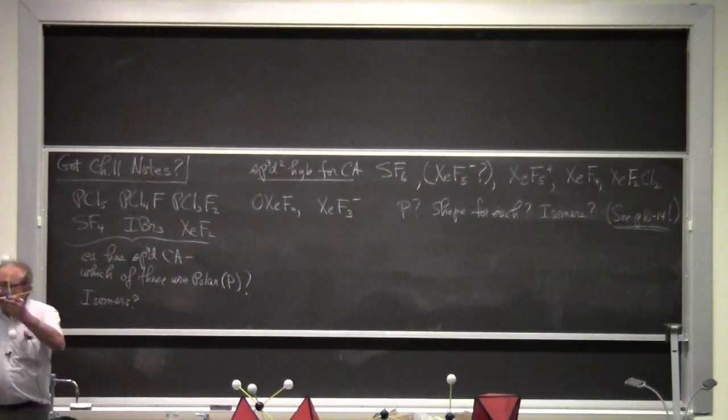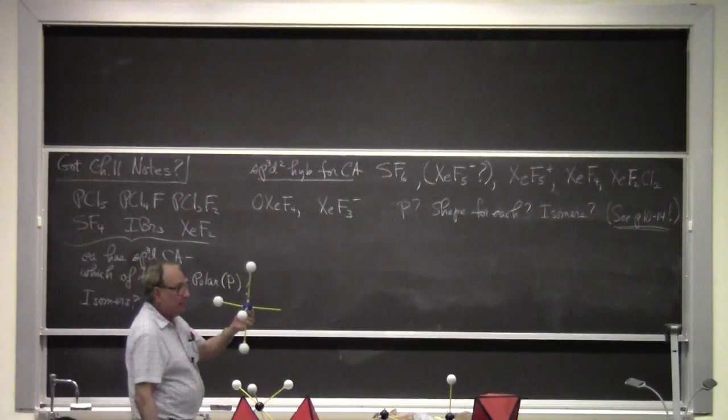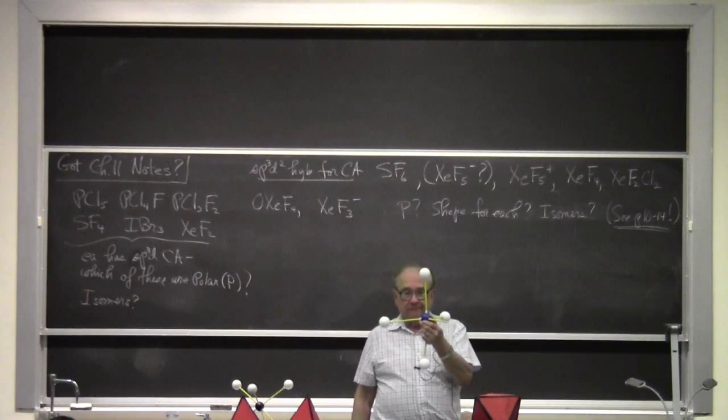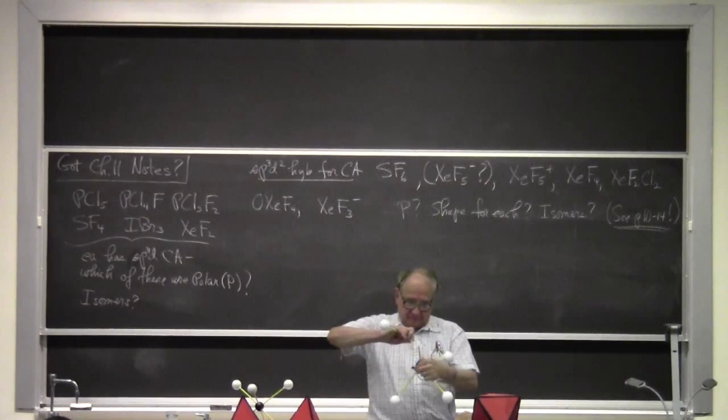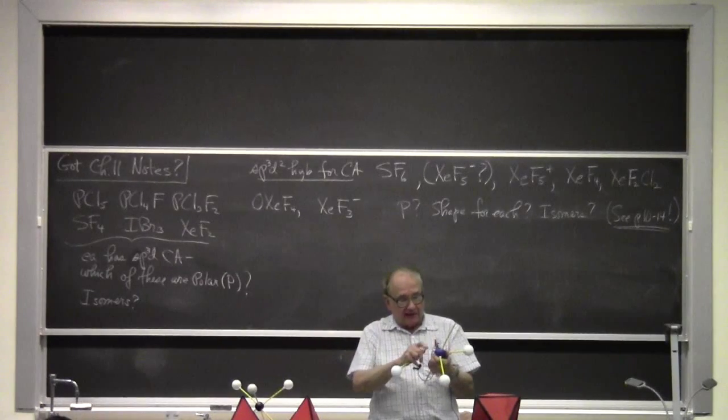So the stick, which is connected to no atom, is simulating a non-bonding pair. If I hold a model like this, the non-bonding pair is equatorially oriented. But I can also imagine the non-bonding pair to be axially oriented.